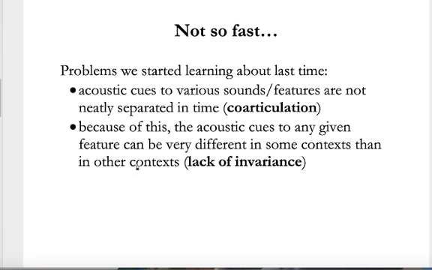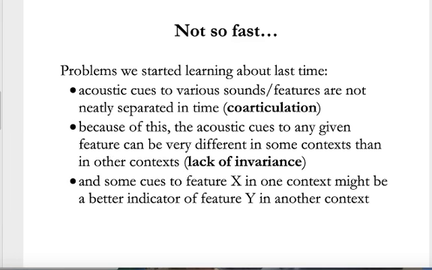That's the lack of acoustic invariance, and some of it at least is due to co-articulation. And it also means that some acoustic things that are good cues to some linguistic feature X, like labial, in one context, might be a better indicator of some other feature, like say dorsal, in another context. We saw this as well with the ambiguous stop burst artificial stimuli last time.